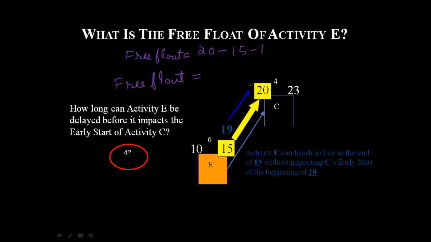Then it would be early start of next activity minus early finish of the activity being asked and again subtracting minus 1. So in this case it would be 20 minus 15 minus 1, which is 4.